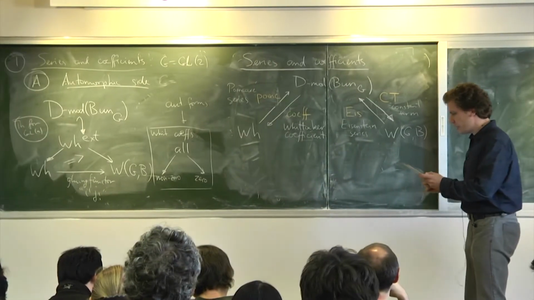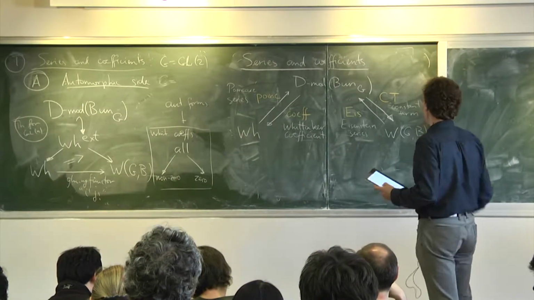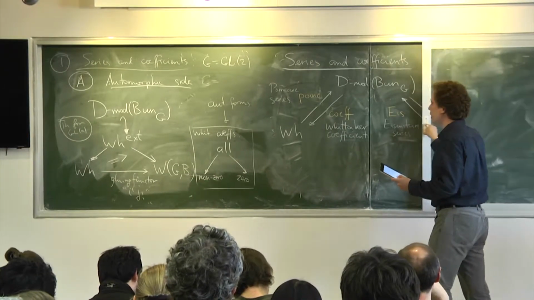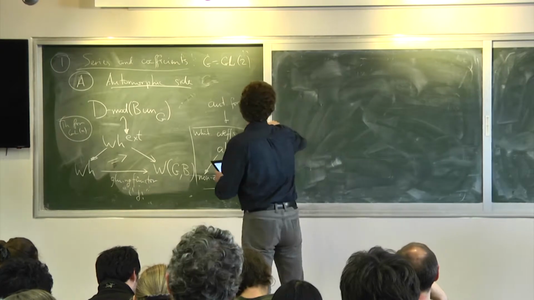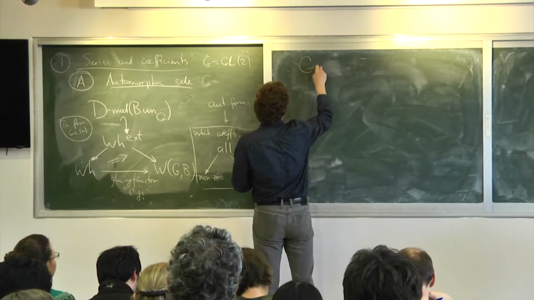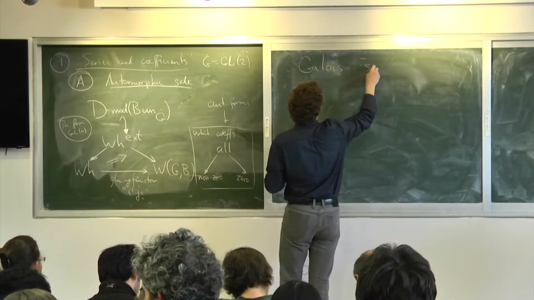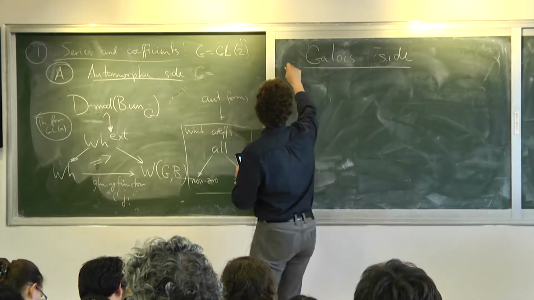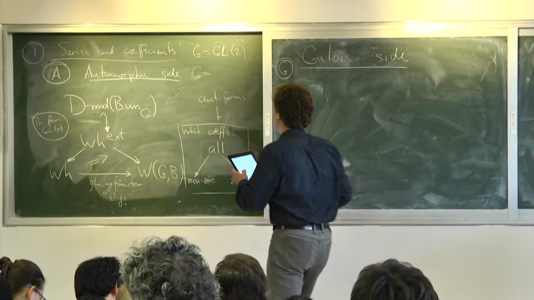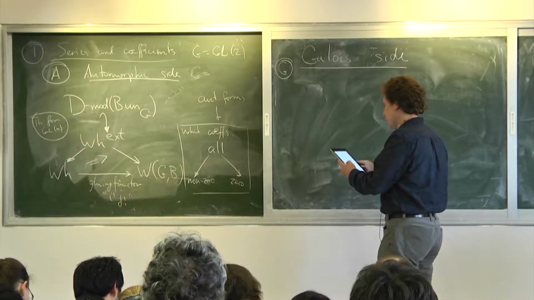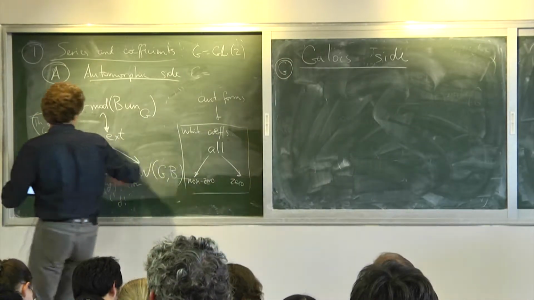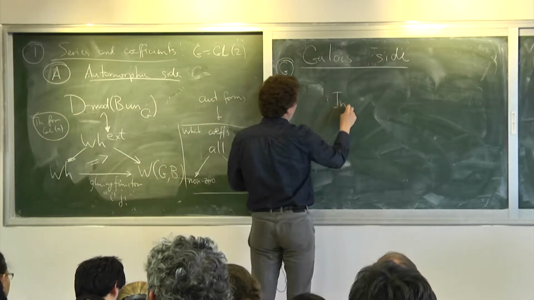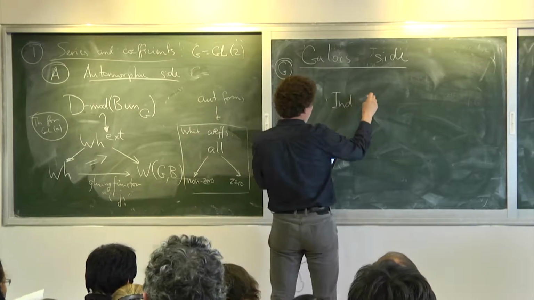All right, so let me now tell you what happens on the Galois side. So this, I'll shorten it to G. The counterpart of this diagram was, I guess, one of the points of my lecture on gluing.